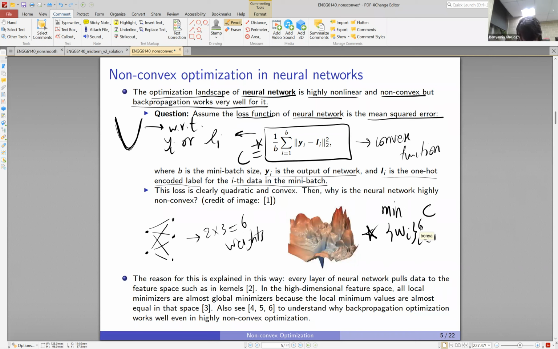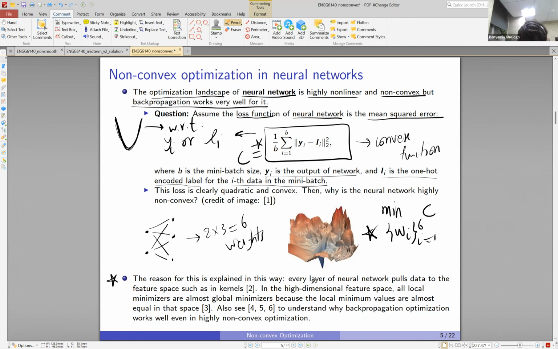Of course, it will converge to a local minimum, and the local minimum will be dependent on the initial random weights of the neural network. But why do they usually work well even with different random weights? It's because of this reason.